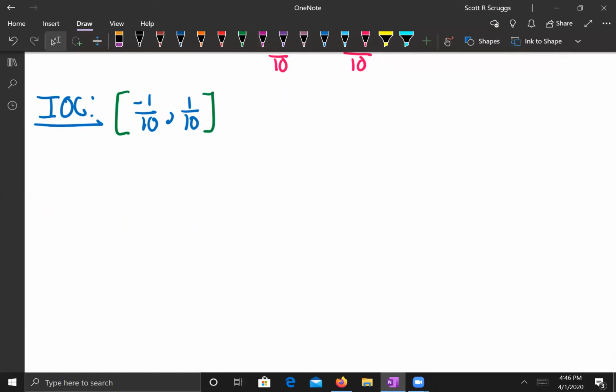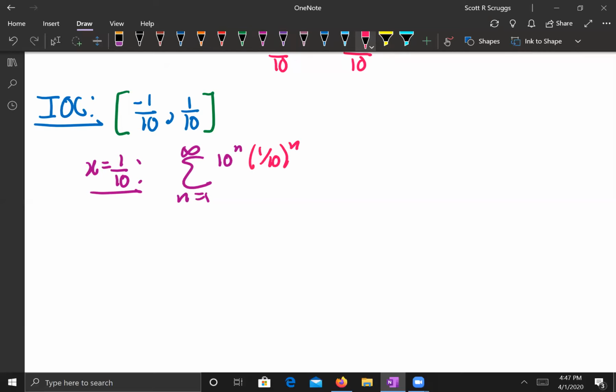Alrighty, and let's go through why that's the case. x was positive 1/10. Plug that into our power series. 10 to the nth power times 1/10 to the nth power over n cubed.